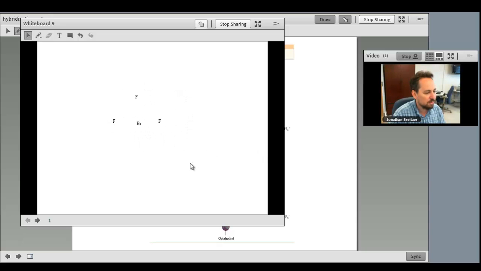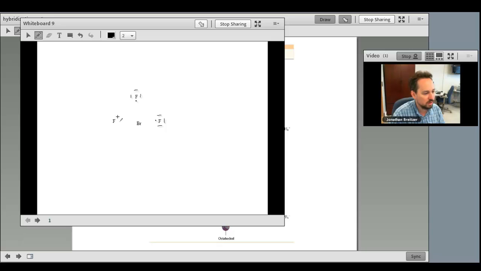Okay, so here's BrF3. Now I'm going to go ahead and draw 7 dots around each one, because that's its valence electron count. So here's 7 dots around the fluorine. Remember, the line represents 2 dots. I know these pairs are not going to be split because it's fluorine.